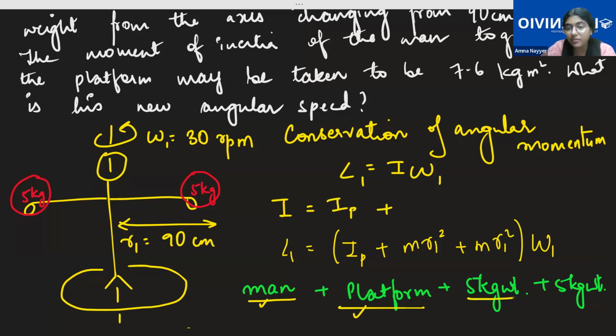About this 5 kg weight, we have to calculate. Mass is 5 kg, radius is given. Moment of inertia is mr1 square. Then for this one, plus another mr1 square. So angular momentum will be IP plus mr1 square plus mr1 square, the moment of inertia, into omega 1. Till here, have you understood?